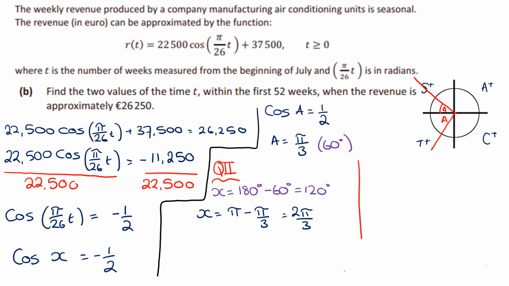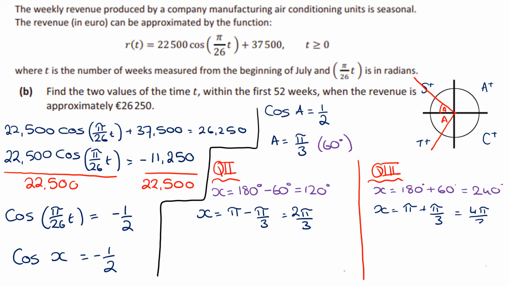If we were then in quadrant 3 for our second answer, x in this case would be 180 degrees plus 60, which is 240 degrees. X in this case for radians will be pi plus pi over 3, which will give me 4 pi over 3.